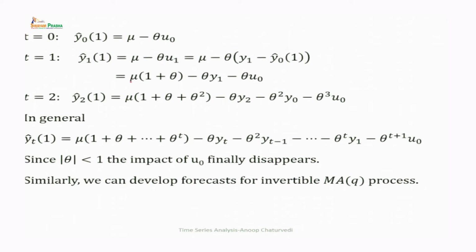So, you get mu into 1 plus theta, minus theta y 1, minus theta square u naught. For t equal to 2, similarly you proceed like this, and you obtain mu into 1 plus theta plus theta square, minus theta y 2, minus theta square y 1, minus theta cube u naught.